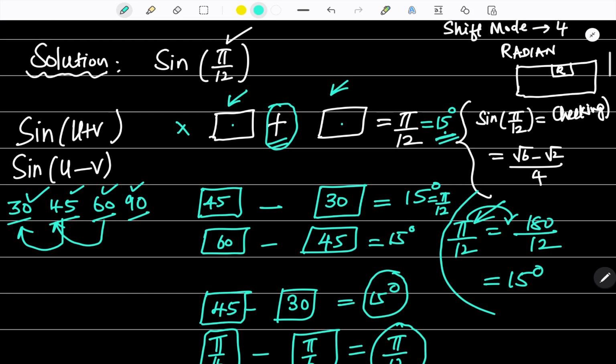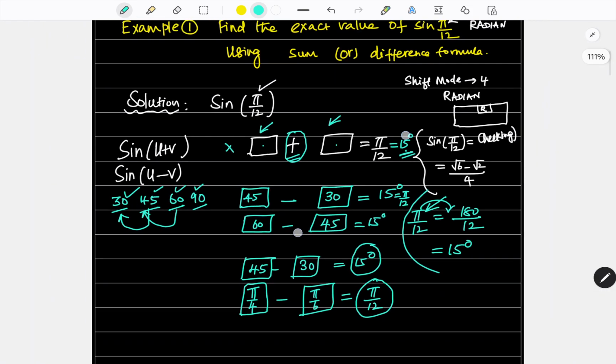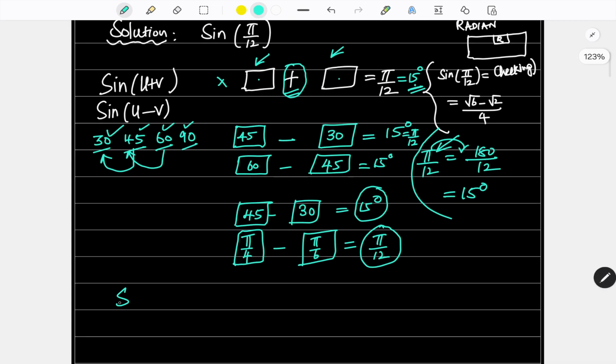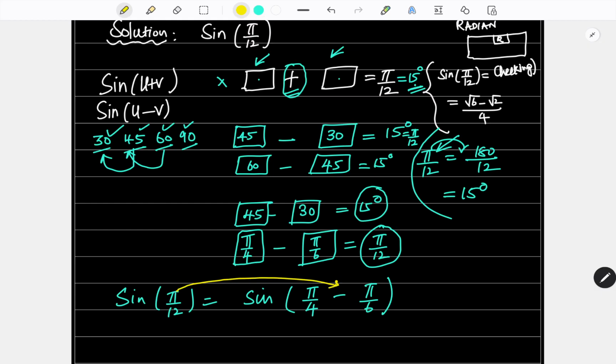Understand everybody? Clear all of you? Look here. Now I'm going to write sine pi by 12 as sine of pi by 4 minus pi by 6. Wow, fantastic, right? Pi by 12, I just made it to pi by 4 minus pi by 6.